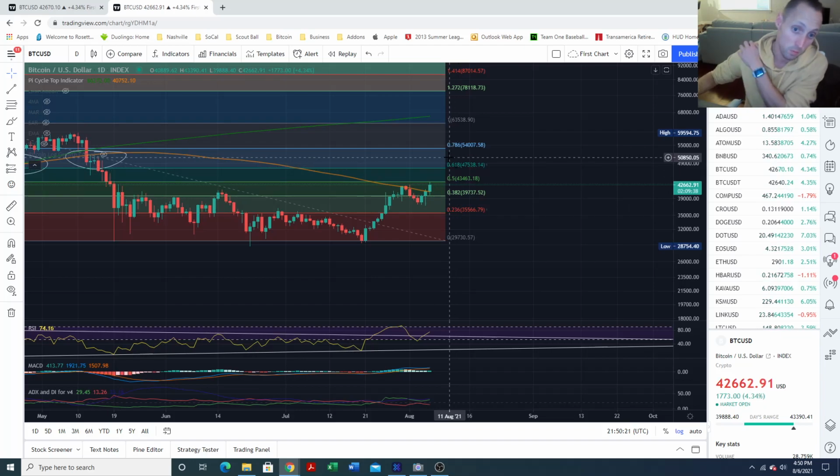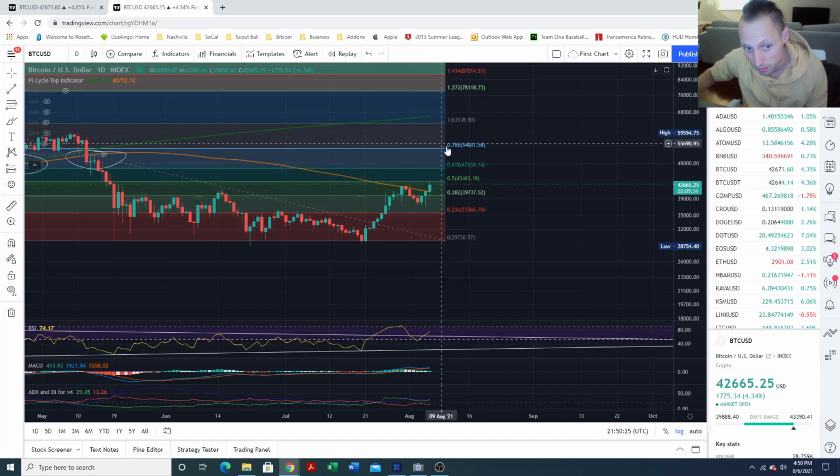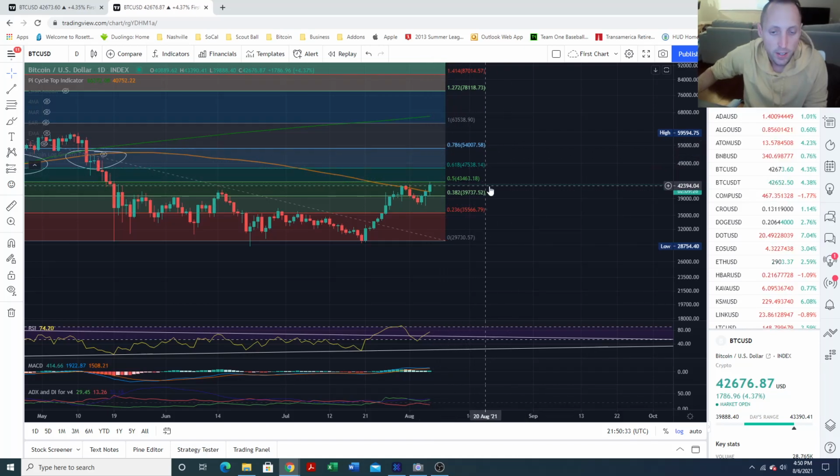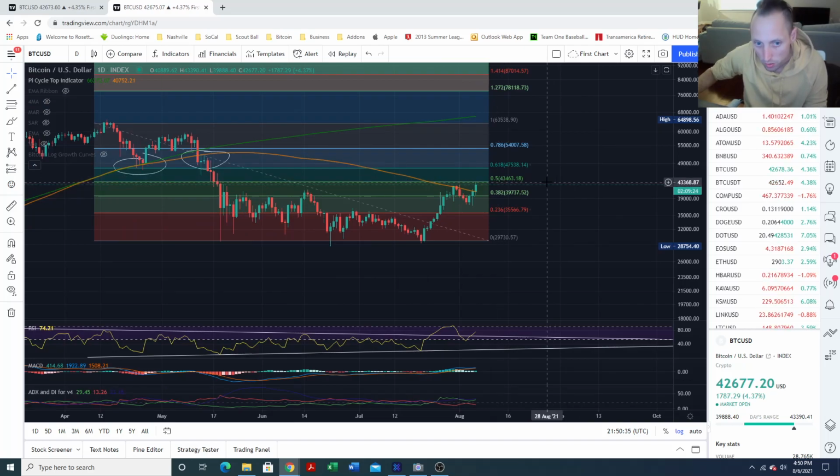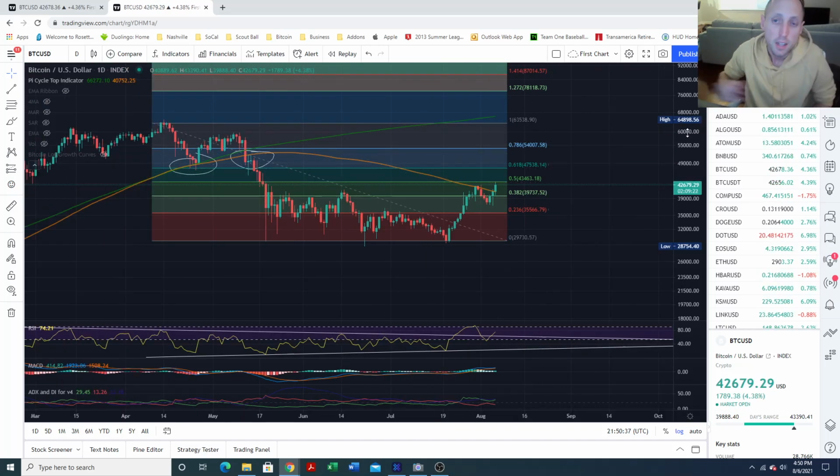If I'm really greedy, I'd like to see it get to the 0.786. This way I know it's broken through some of these zones. It'll eventually come back and backtest, especially the 0.5, which is what you want to see. But this is a pattern that I really haven't seen anybody talk about, and I think it's very, very valuable.